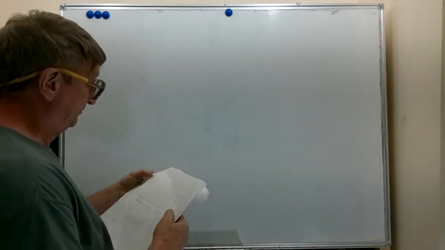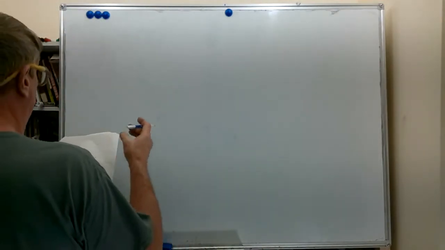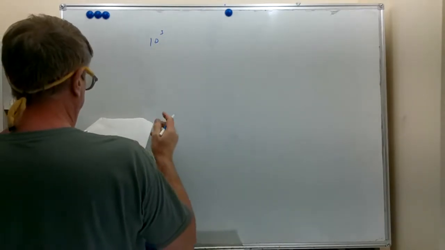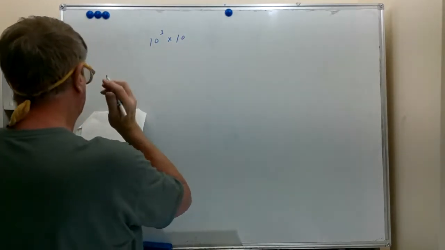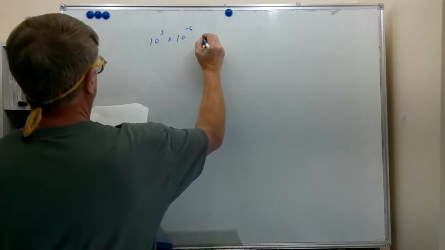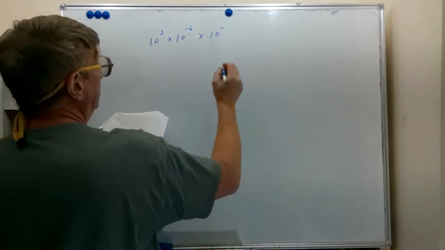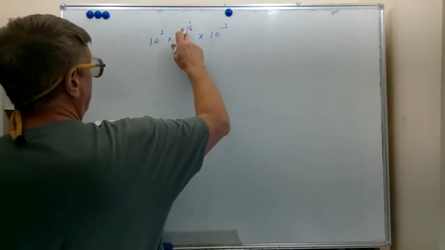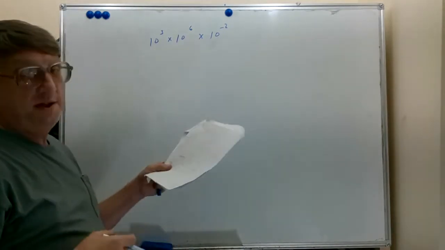We've got 10 cubed times 10 to the 6 times 10 to the negative 2. I said negative 6, excuse me, that's a positive 6. 10 to the third times 10 to the 6 times 10 to the negative 2.